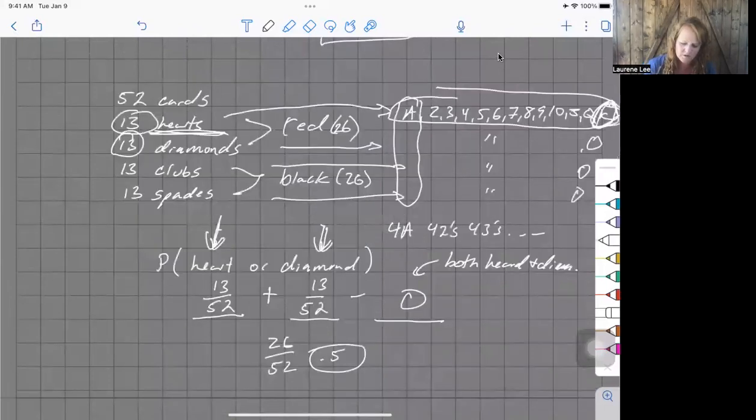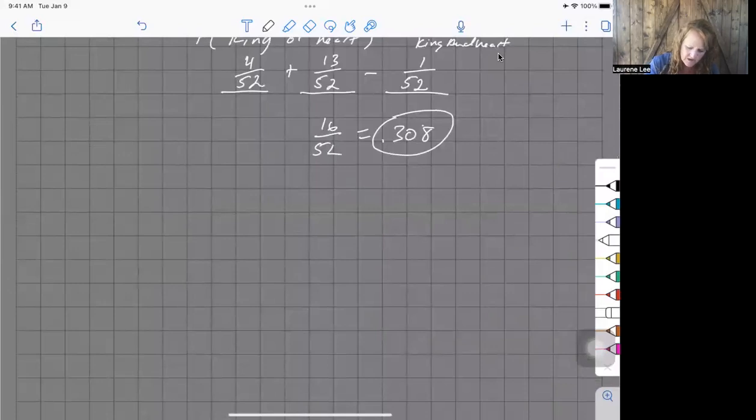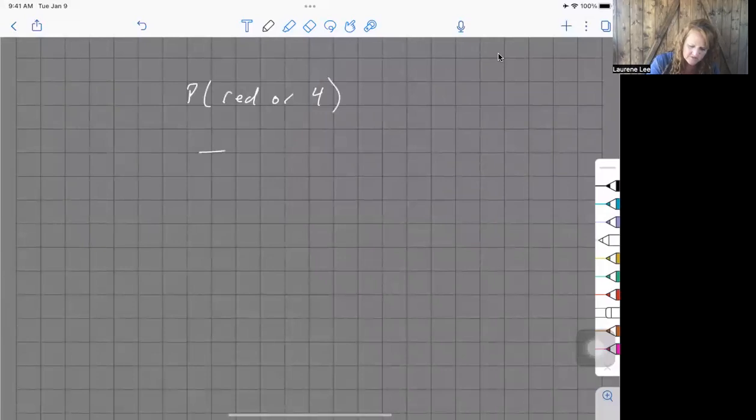Let's try one more. What's the probability that I draw a red card or a 4? Okay, so again, I'm going to set it up the same way. I've got 2 options I'm adding, and I want to subtract off any cards that are red and 4s.